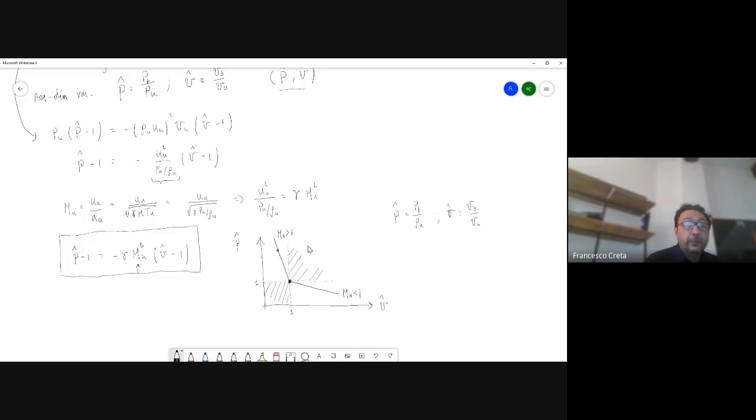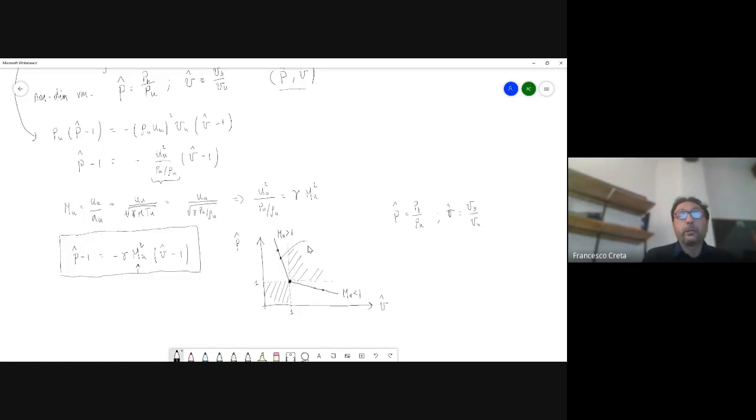So for example, they are somewhere here or somewhere here. Bear in mind that there are infinite states at this point that conserve mass and momentum. Whatever point I choose on these lines, they conserve mass and momentum. But we can already say something very important.